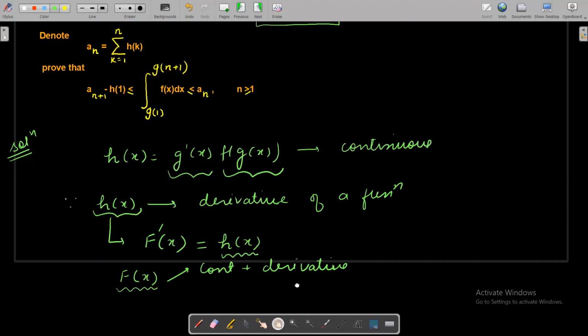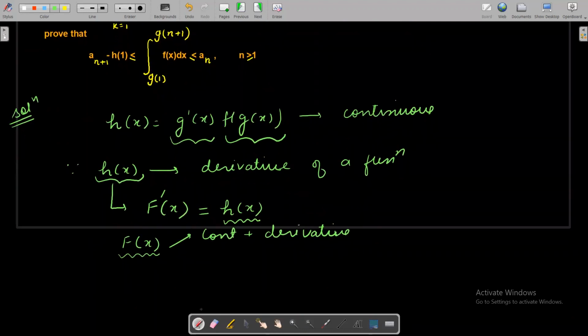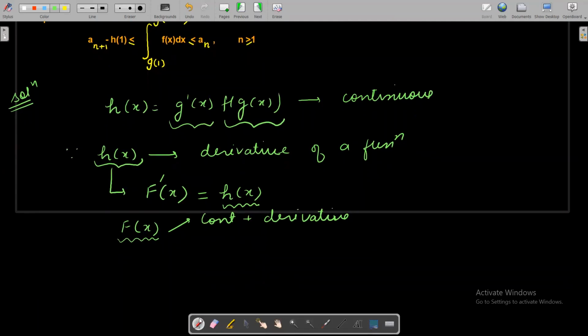I'm just applying the Lagrange's mean value theorem here, which is applicable for a continuous and derivable function. But in which interval are we applying it? So I'm just selecting some interval. Let's see which interval I'm going to take. I'm going to select the closed interval k to k plus 1. I'm taking one length interval over here, k to k plus 1.